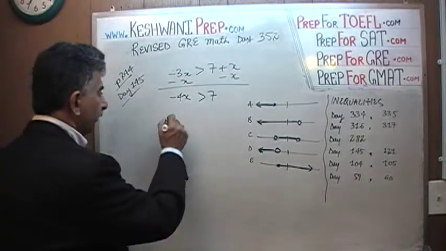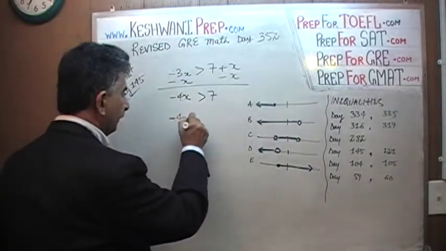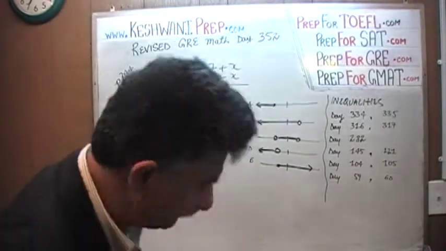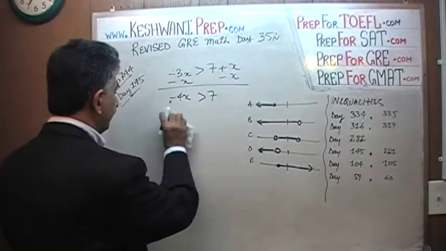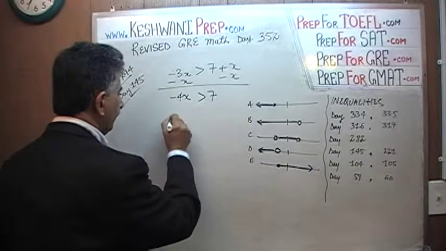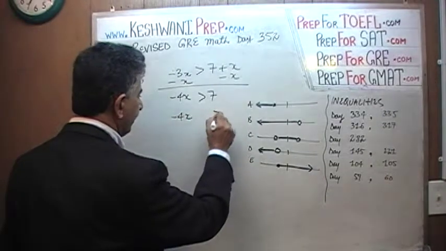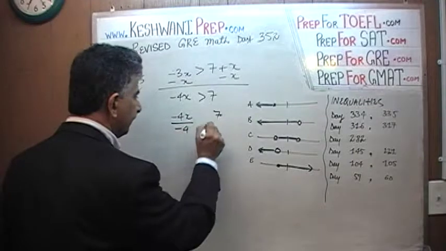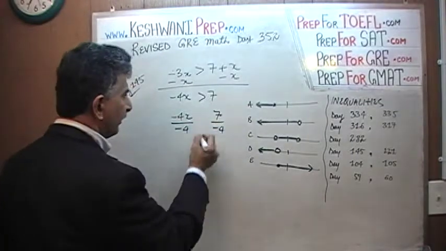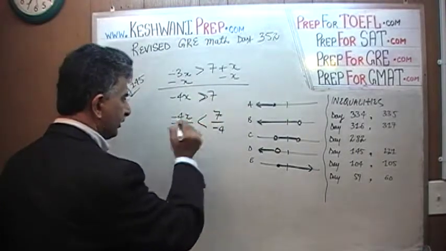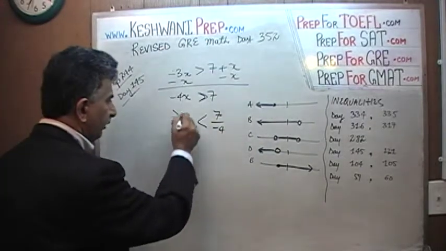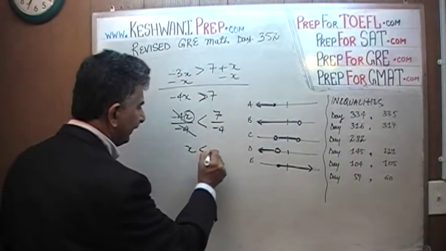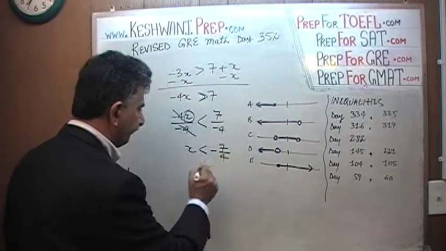So we have negative 4x and here we have 7. We're going to divide both sides by negative 4, and as a result, this sign has to switch. That's all. So the negative 4 cancels out with negative 4. We end up with x is less than negative 7 over 4.